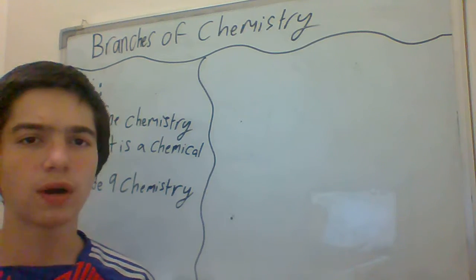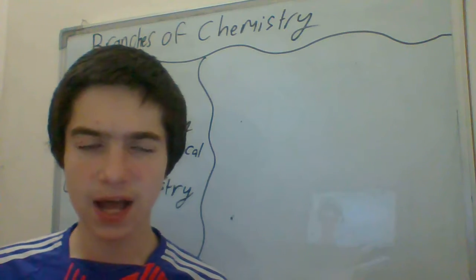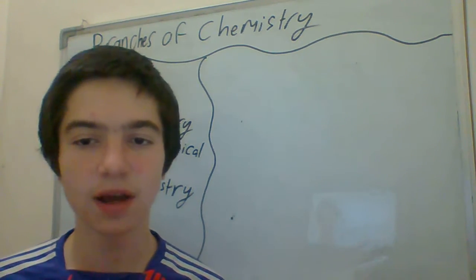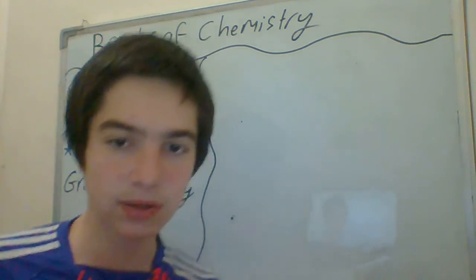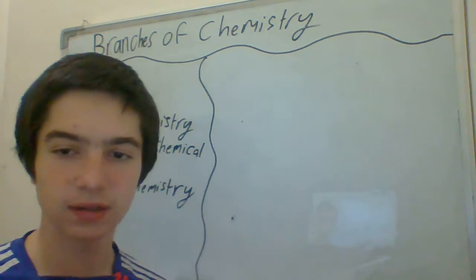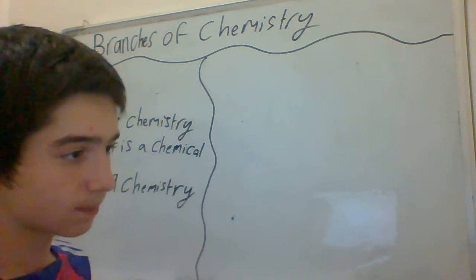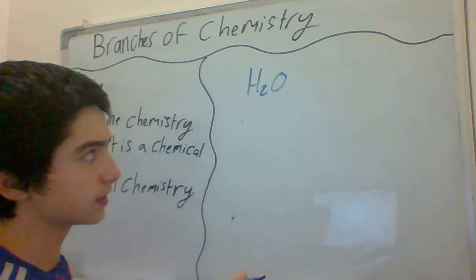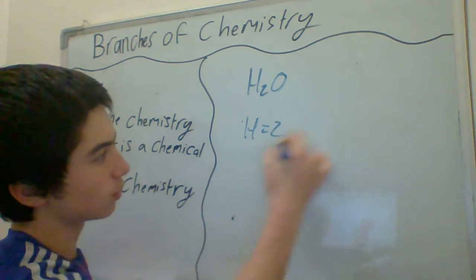Now let's go to analytical chemistry. Here you're studying the compound itself and knowing what it is made of. So it's analyzing a compound or a certain chemical, knowing what it is made of and the percentage of the elements inside it. For example, if we take water, you're going to have H2O. In analytical chemistry, we say we have 2 hydrogen atoms and 1 oxygen atom.